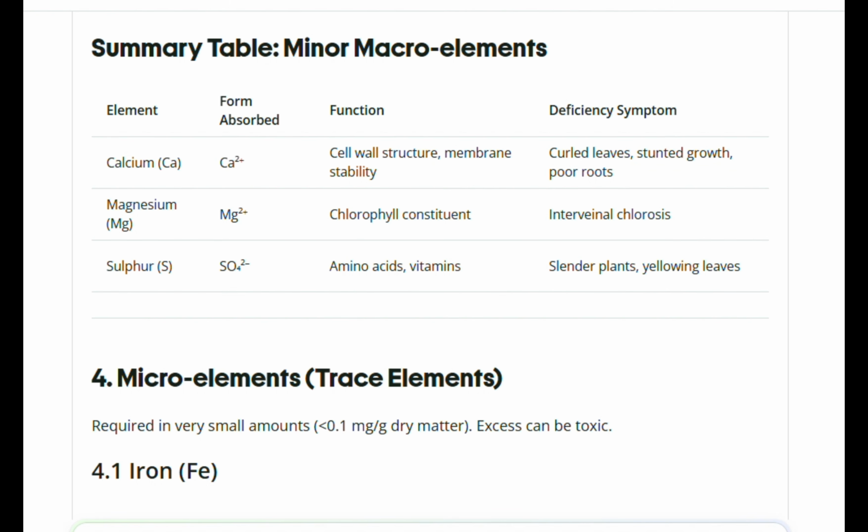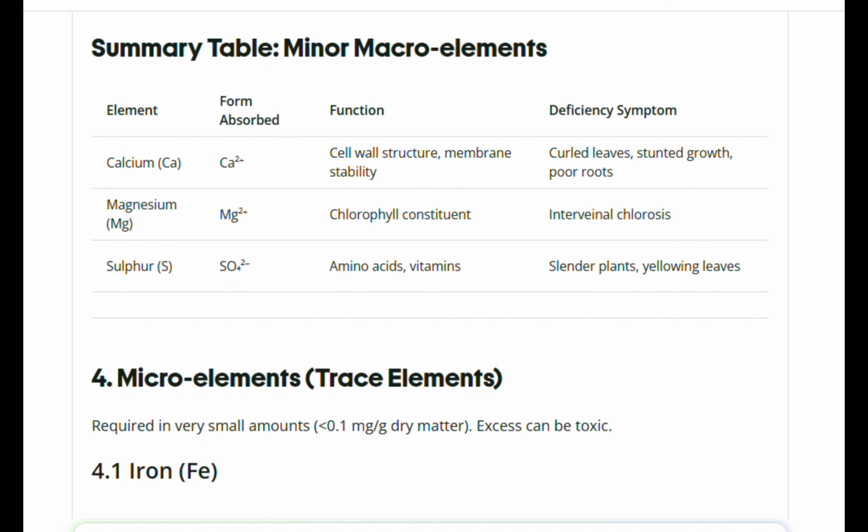We don't want too much excess, because it might be toxic for our plants. So first, we have our trace elements.